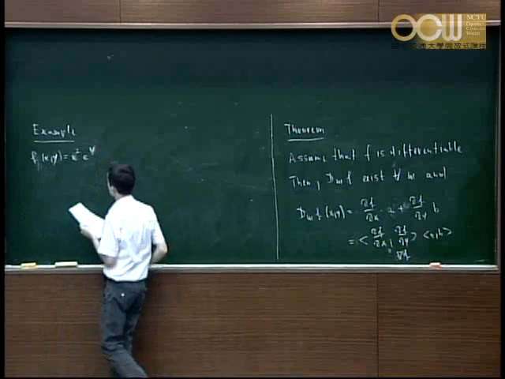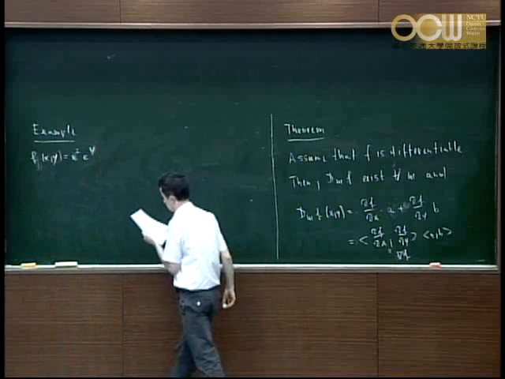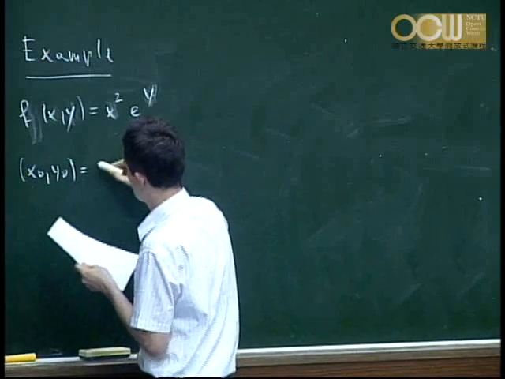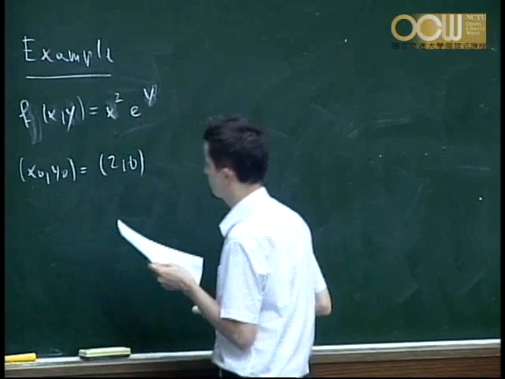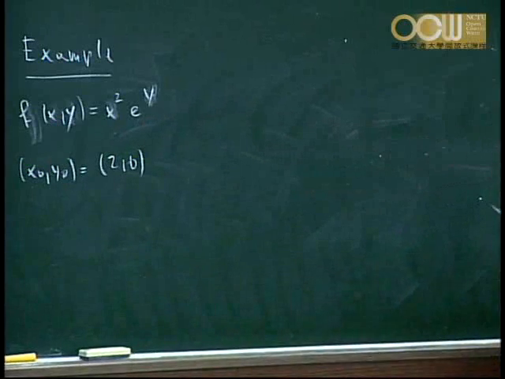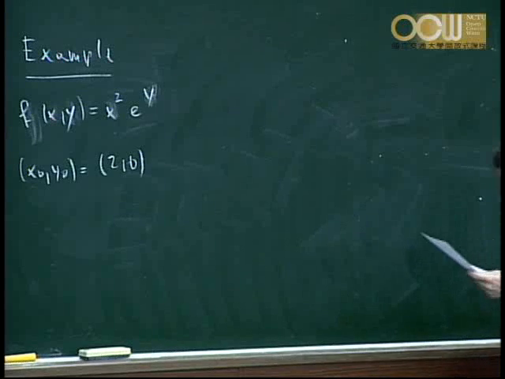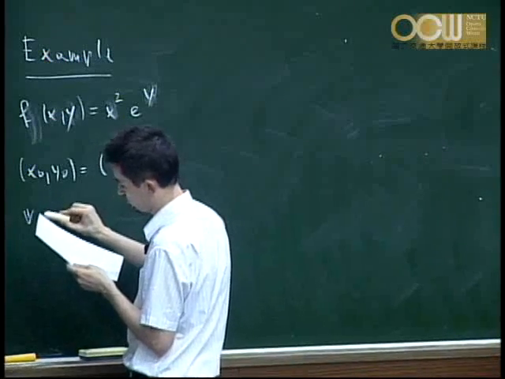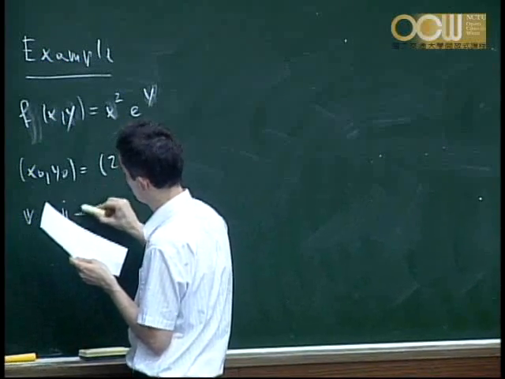Let's say the point x0, y0 is equal to 2, 0. This is the point where we look at the behavior of the function with respect to the rate of change, and we want to look towards this direction here.